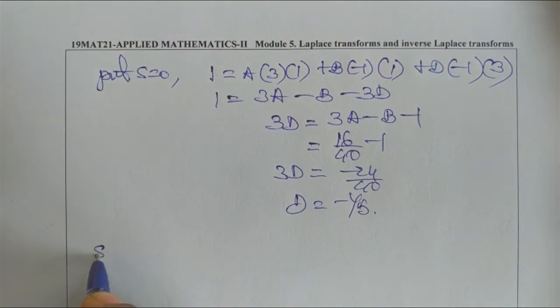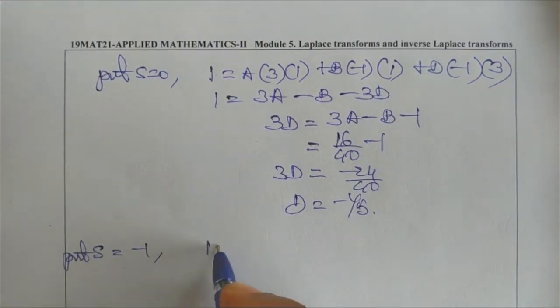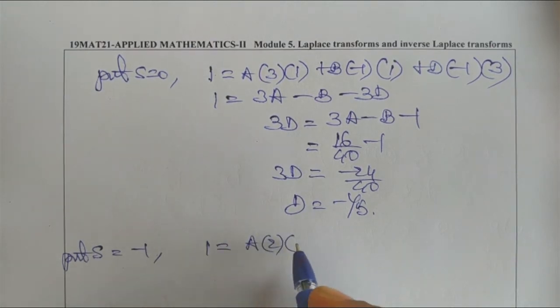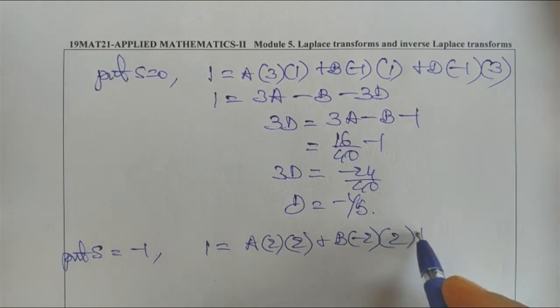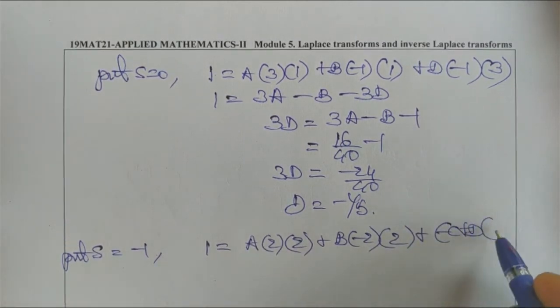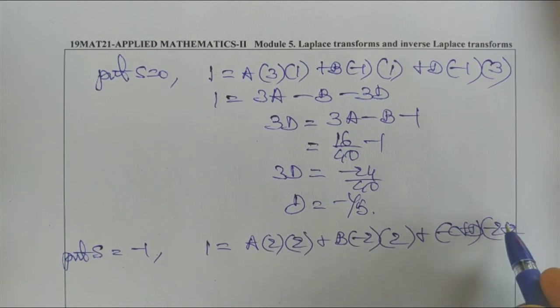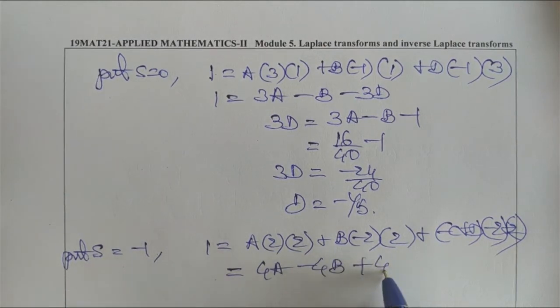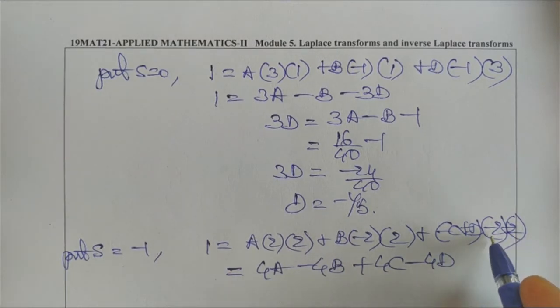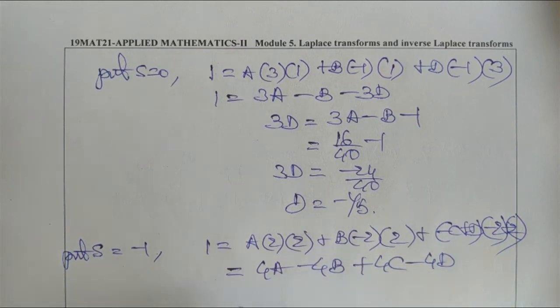Now put s = −1, because we have to find another unknown. 1 is equal to A into −2 into 2, plus B into −2 into 2, plus (−C + D) into (−2)(2). So this is 4A − 4B + 4C − 4D, which is 1.